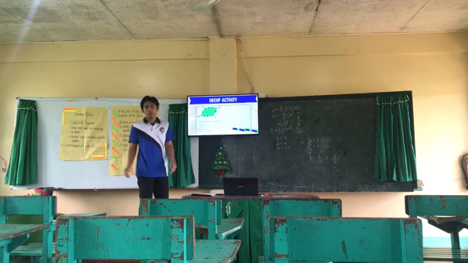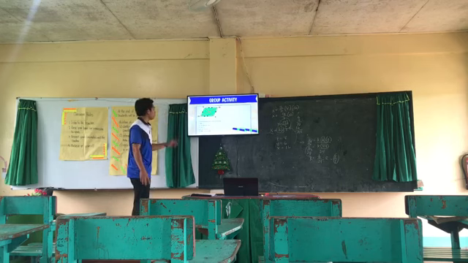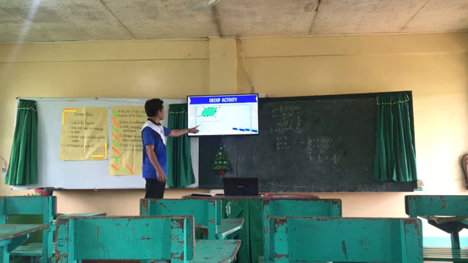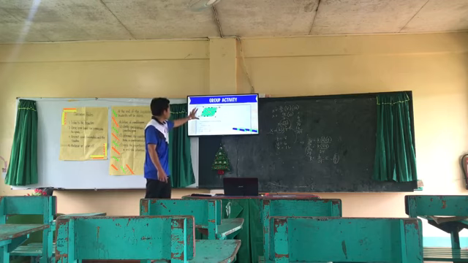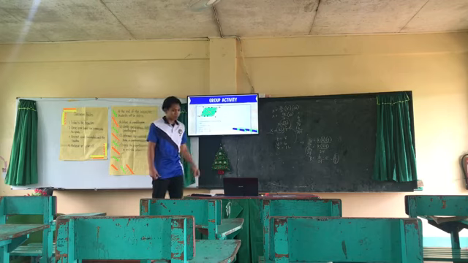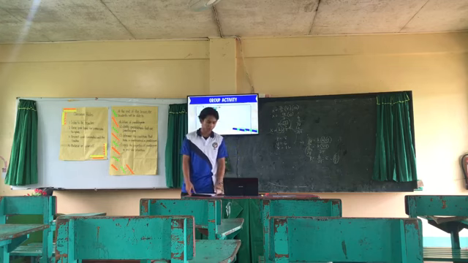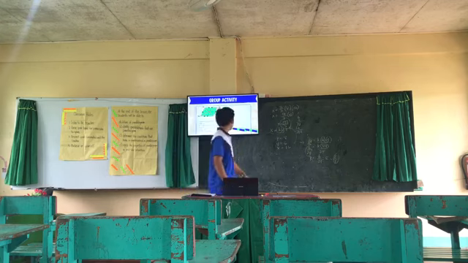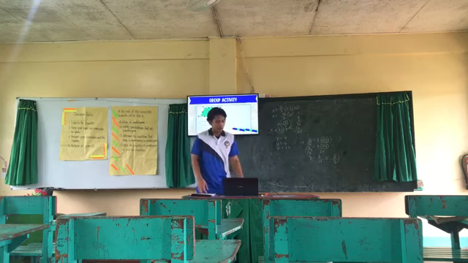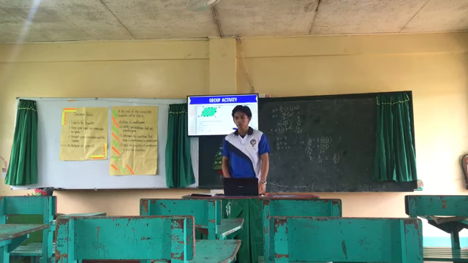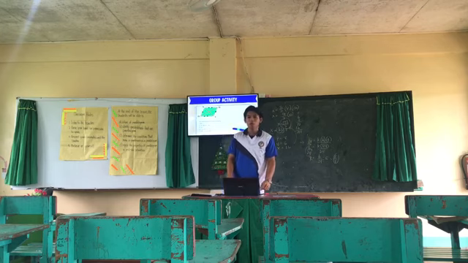By group, you will solve the missing parts of a quadrilateral based on the picture or figure. I will give you 5 minutes to answer. Okay, very good. All of you got the correct answer.